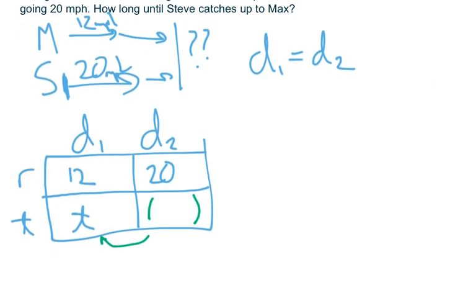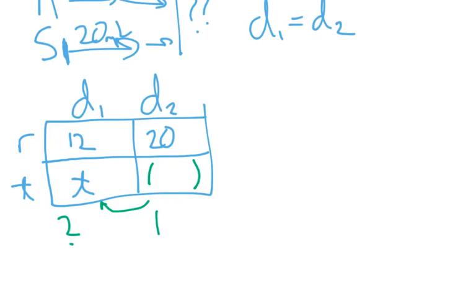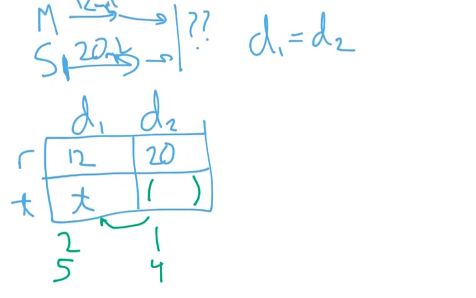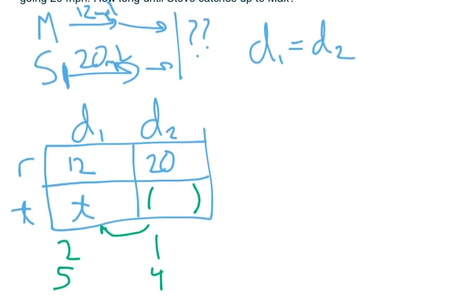If Max had ridden his bike for 2 hours, Steve has ridden his for 1. If Max has ridden his bike for 5 hours, Steve has ridden his for 4. And what I'm doing here is I'm just taking whatever that time is that Max had, and I'm subtracting 1 from it. So my time here is t minus 1.